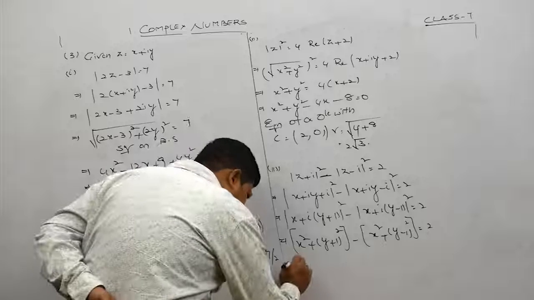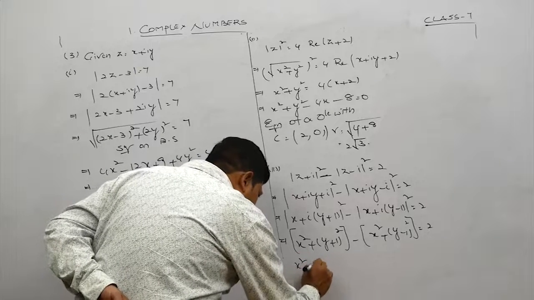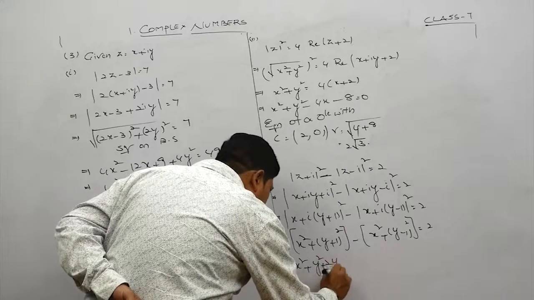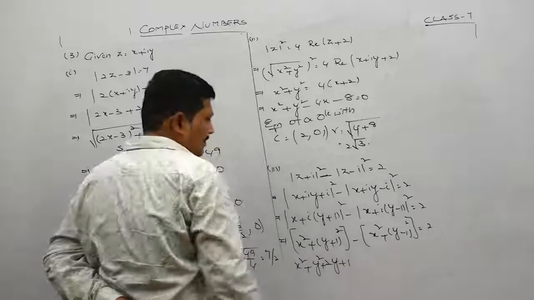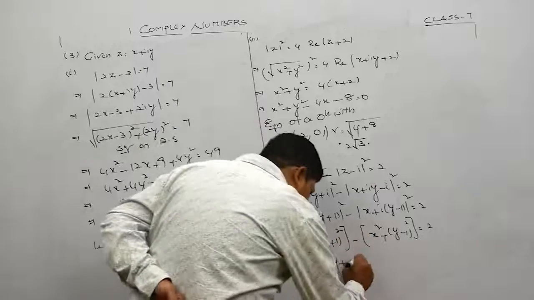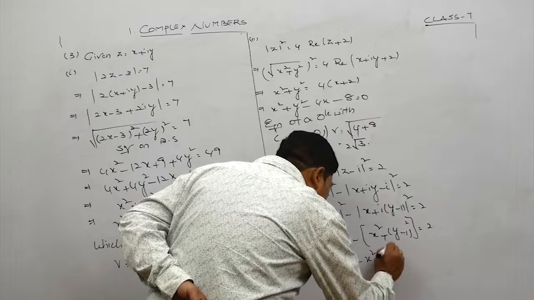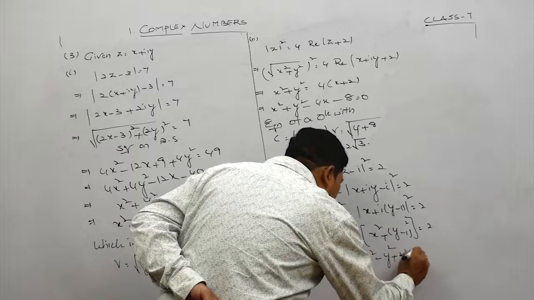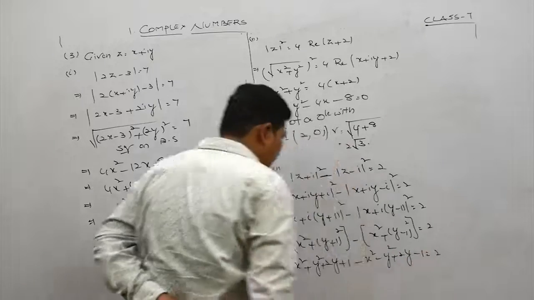ఇక్కడ సింప్లిఫై చేసినట్లయితే x square plus y square plus 2y plus 1, and here plus into minus, minus x square minus y square plus 2y minus 1 is equal to 2.